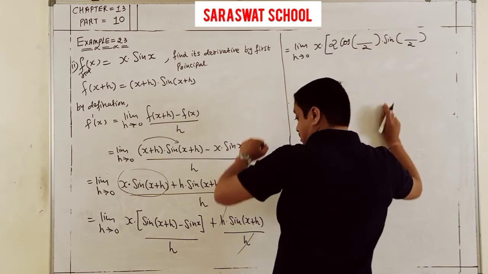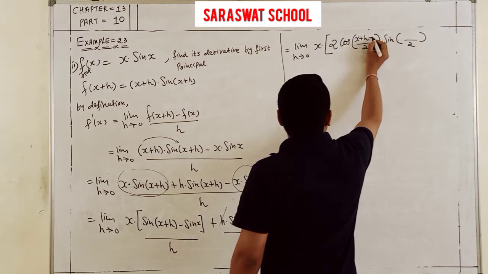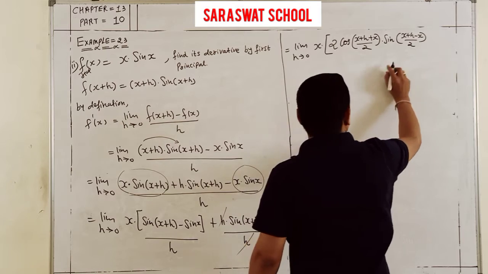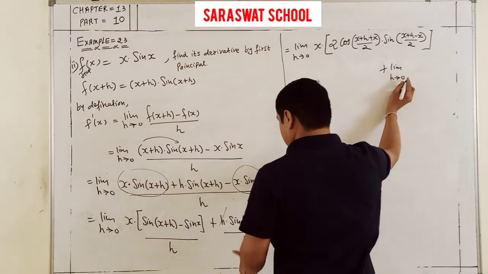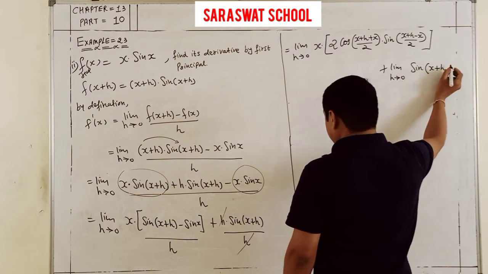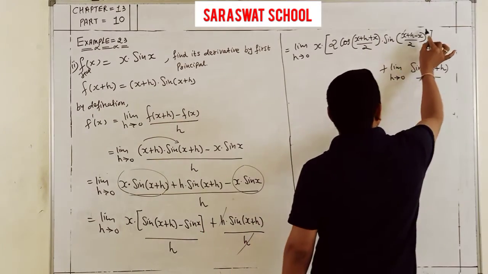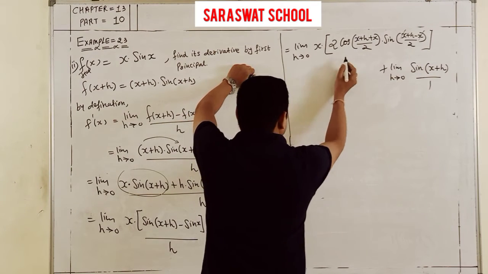Addition form: x plus h plus x, and minus x. Here the limits are taken separately. Limit h tends to 0, here only sin(x+h) by only 1. Now this also cancels, x and x. So you have only h pending here, students.